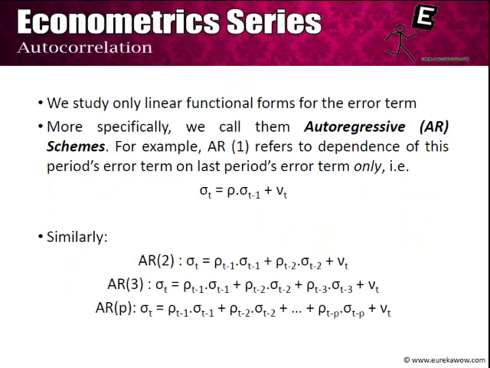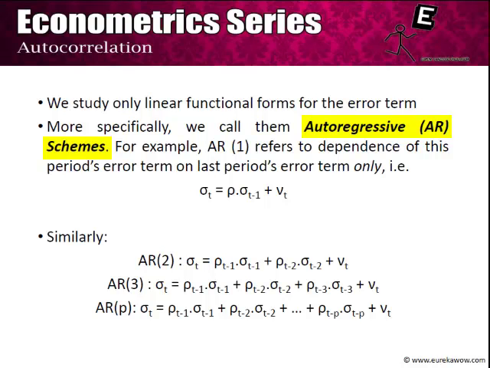To put it more formally, we study only linear functional forms for the error term, that is, forms wherein the error term in this period is linearly dependent on error terms in the previous periods. More specifically, we call them autoregressive or AR schemes. For example, an AR1 scheme refers to dependence of this period's error term only on the last period's error term.